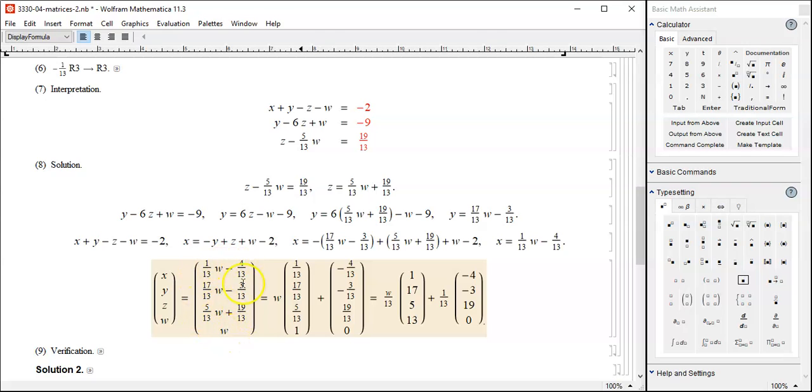This is a perfect answer, but those who are interested in vector geometry may want to do this. Separate w times this vector plus the vector, and then w times that is actually a scalar multiplication of a certain vector in a direction. So write it as w over 13 times (1, 17, 5, 13).